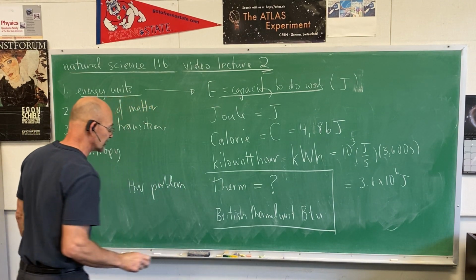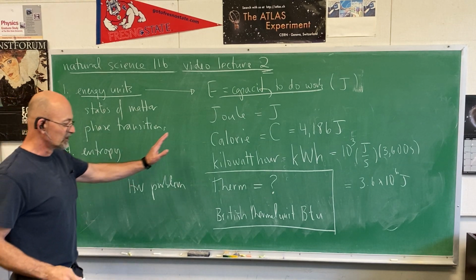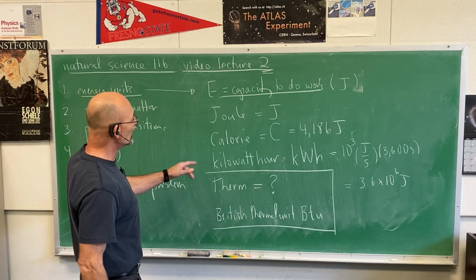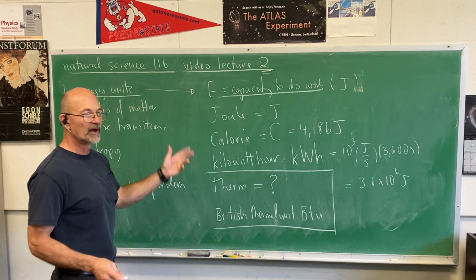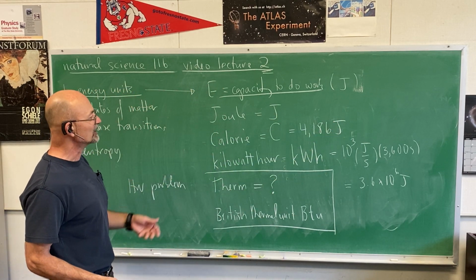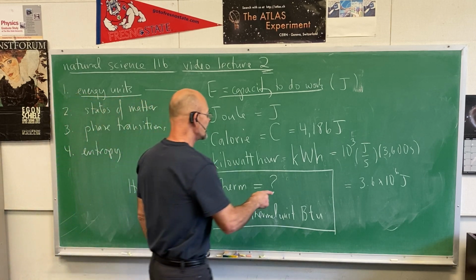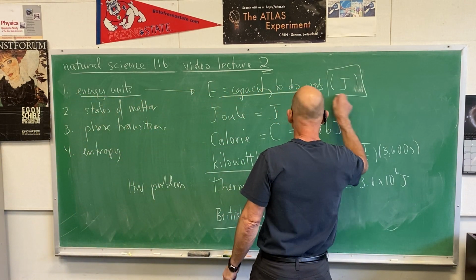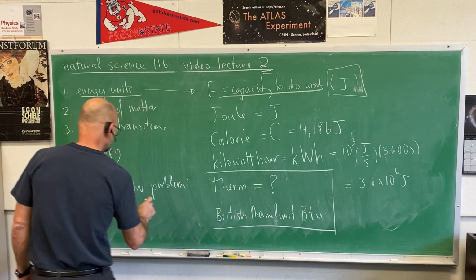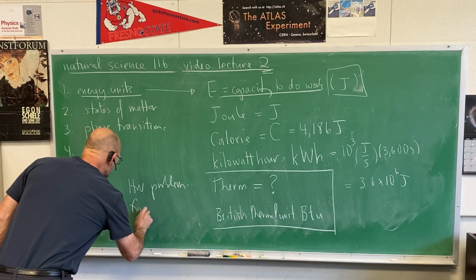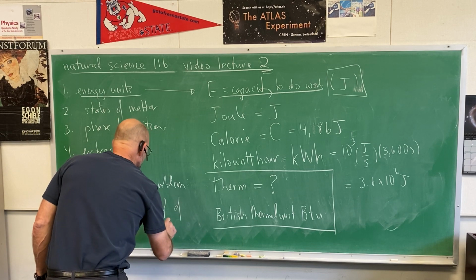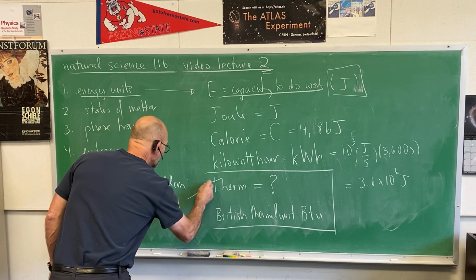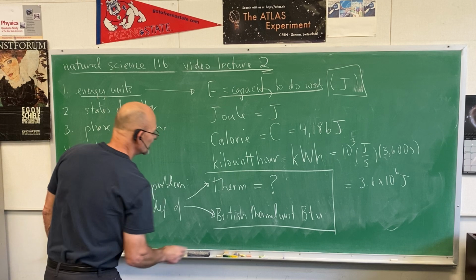And then you can discover how many therms and British thermal units correspond to how many joules. Of course, there would be correspondence to calories as well. These are heat units. So homework problem: find the definition of therm and British thermal unit.